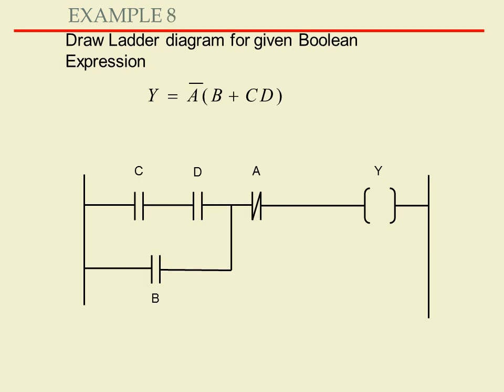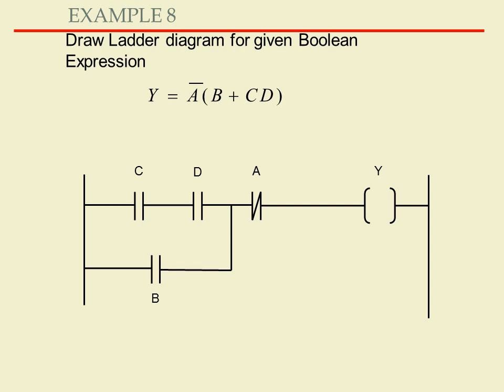Then example number 8, draw the ladder diagram for the given Boolean expression, and the expression is A bar into B plus CD. So B plus CD first. Into that CD, so let us go from the right side to the left side. C into D can be represented as two switches in series.